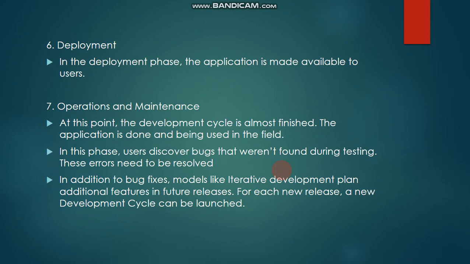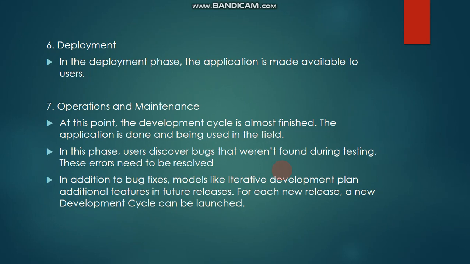Sixth one is deployment. In the deployment phase, the application is made available to the user. That is the only thing done here. After this deployment phase comes the operation and maintenance phase. In this phase, the application is already done and finished. So the user will discover bugs if there are any errors.